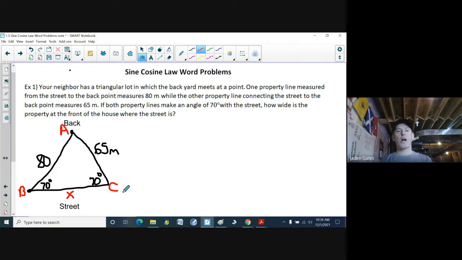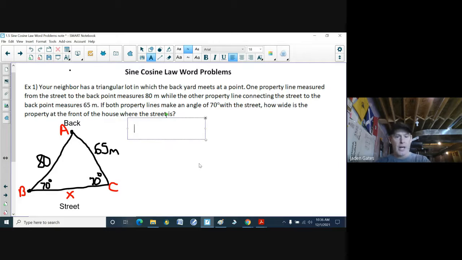Now, this is where I need to decide which formula I'm going to end up using. Well, I can write down my variables first, before I get to the formulas. Angle A, I don't know it. Angle B, I do know it: 70.